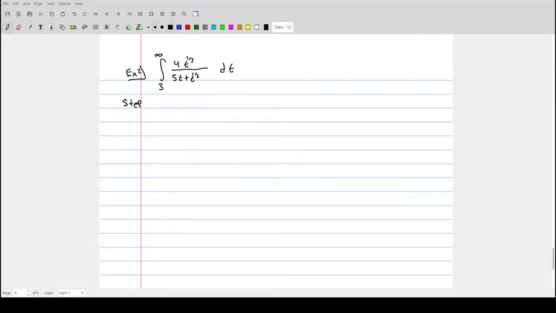I'm not going to repeat step 0, but the main idea is that we showed in step 0 before that for larger values of t, when t is much larger than 1, our function f of t is approximately equal to the function 4 over 5 times 1 over t to the 2/3.